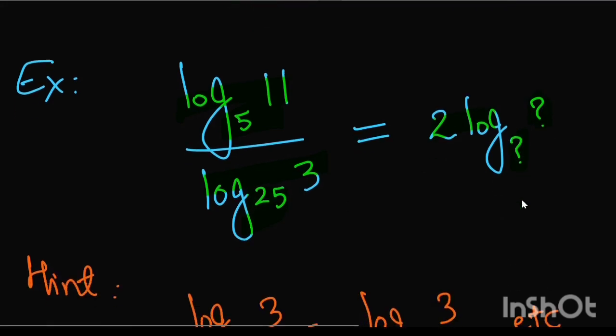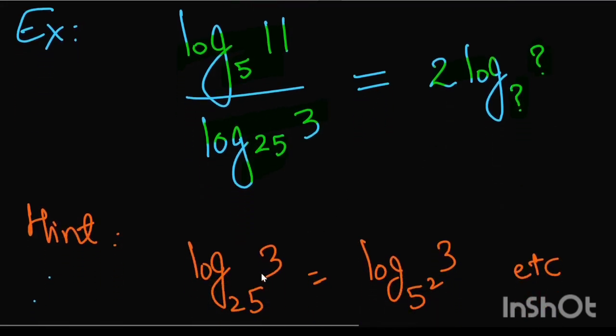So the hint is the same. Use the formula, and in the denominator, in this base, convert it into 5 square, because here also it is 5, and then use the property. One by 2 will come down, and that way you can solve.